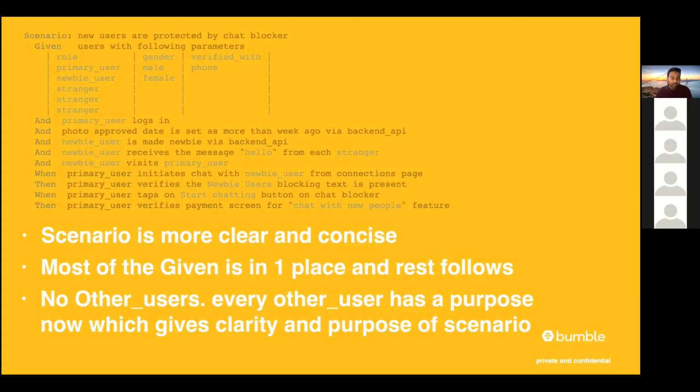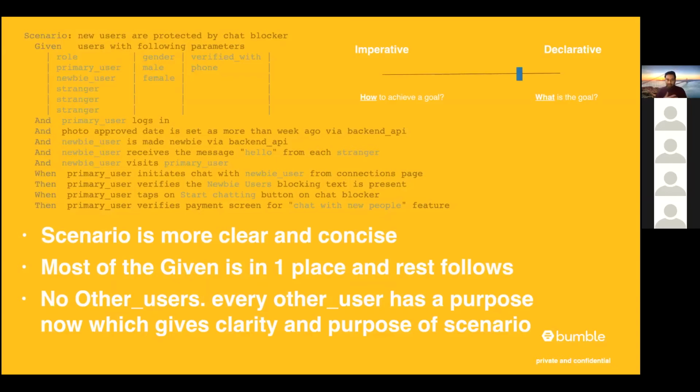There are no other users here. In my previous example of the same scenario, we were creating another user, then doing some action with the other user. With the role-based approach, there is no other user. Every other user which we had previously has now been mapped to a meaningful role, which has a purpose now. And it gives more clarity and defines the purpose of the scenario much upfront.